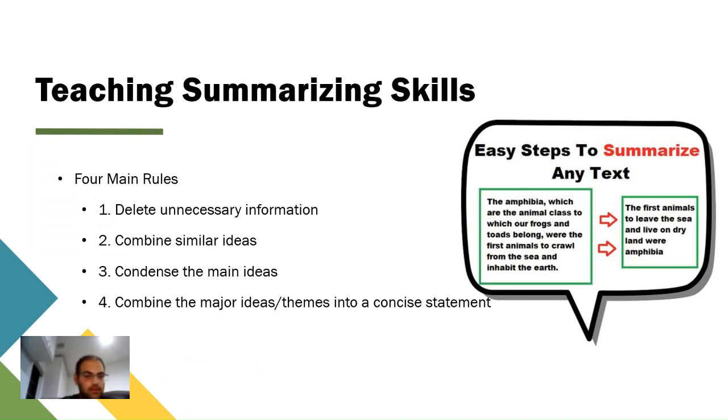The third is to condense the main ideas. And the fourth is to combine the major themes or ideas into shorter, more concise statements. And this image just shows all the unnecessary words that were in this sentence; they are more information, but they can be distracting.